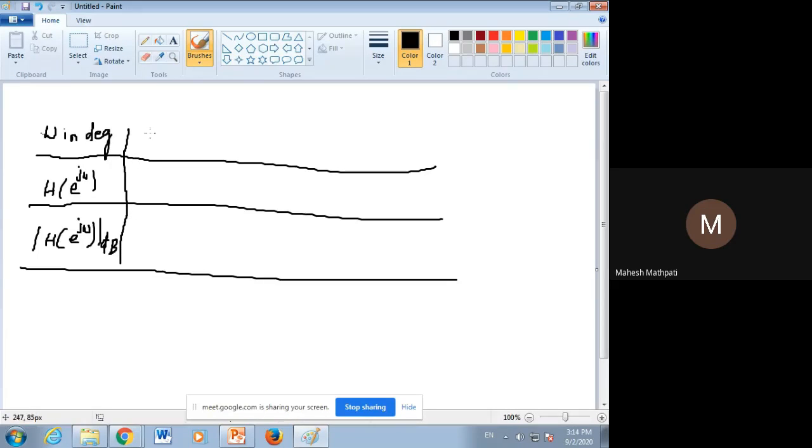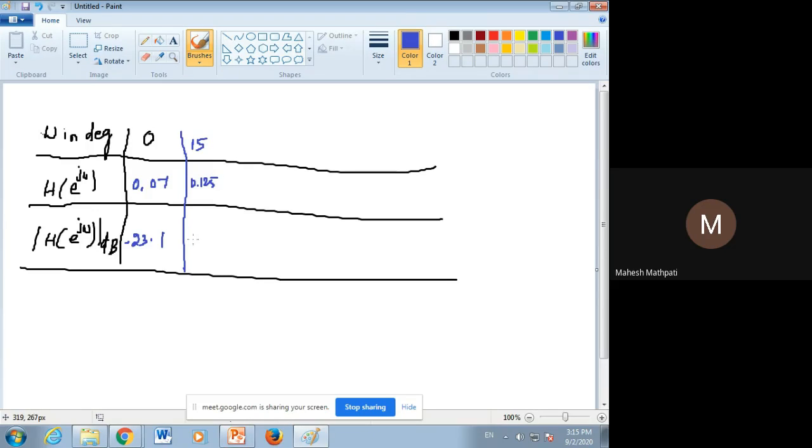At 0, what is the value of H of e power j omega? 0.07. Okay. What about the next value? Minus 23.09, or simply I will write it as 1. Okay. The next, at 15, what is the value? 0.125.